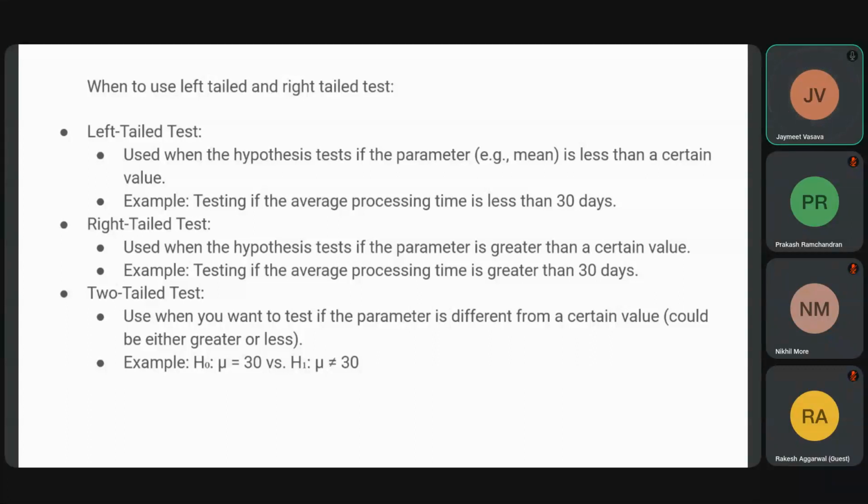The right tail test is used when the hypothesis tests if the parameter is greater than a certain value, like for our example, testing if the average processing time is greater than 30 days. Then the two-tailed test is taken when the parameter is different from a certain value, could be greater or less.